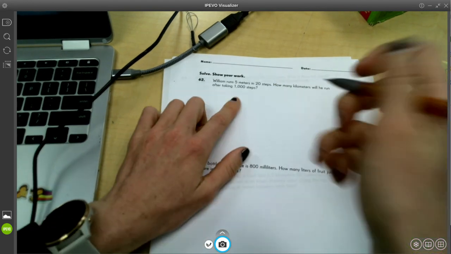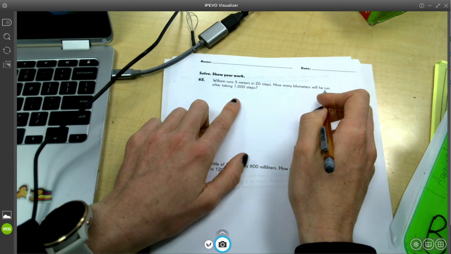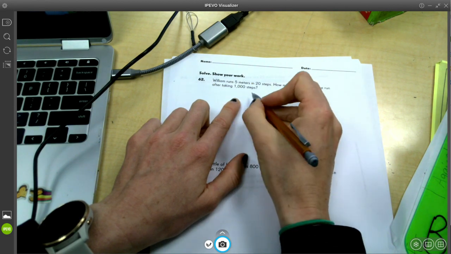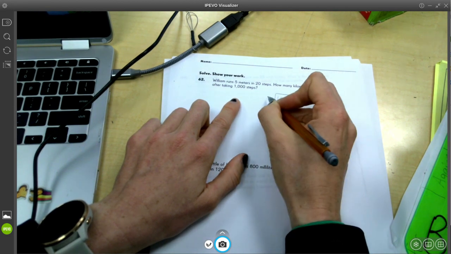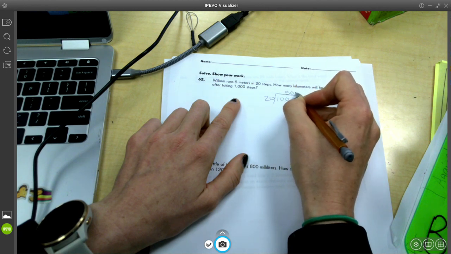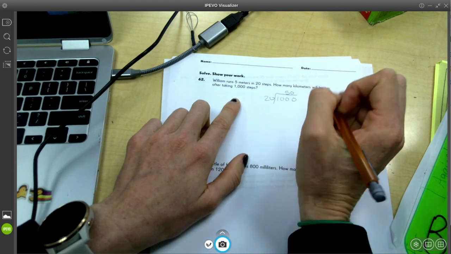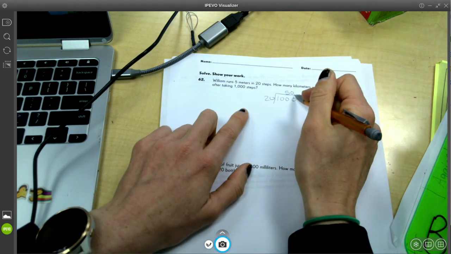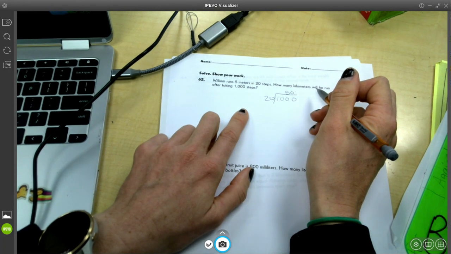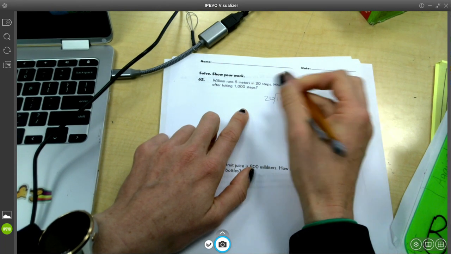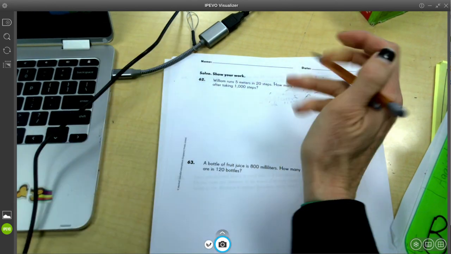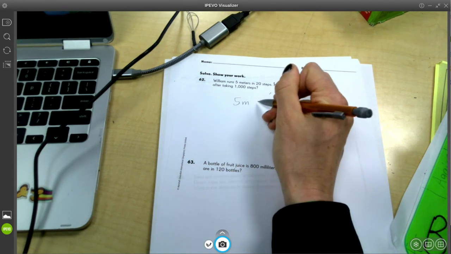William runs 5 meters in 20 steps. How many kilometers will he run after taking 1,000 steps? 1,000 divided by 20 is 50. I don't know why I did that, jumped ahead of myself. All right, he runs 5 meters in 20 steps.